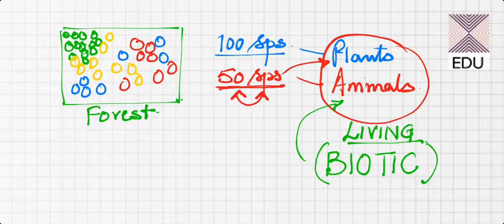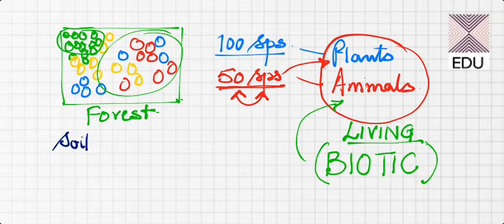Now in this forest, we have plants, we have some animals, and there is something else also. What are those factors which are present along with the plants and the animals? Suppose we have soil. We have the soil of the forest, that is a different moiety. We have temperature, and that is very particular in this forest.